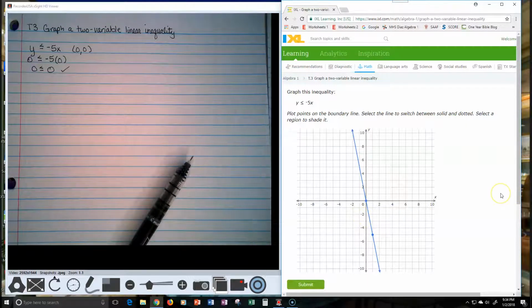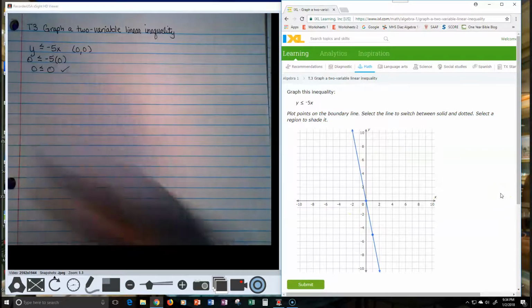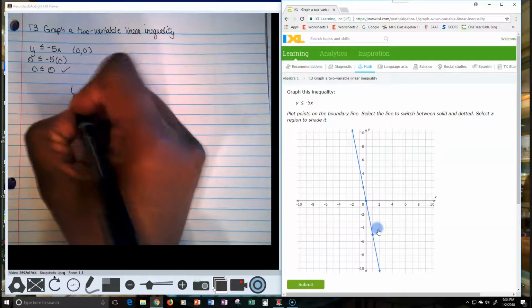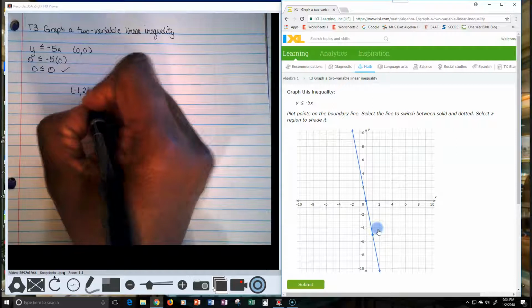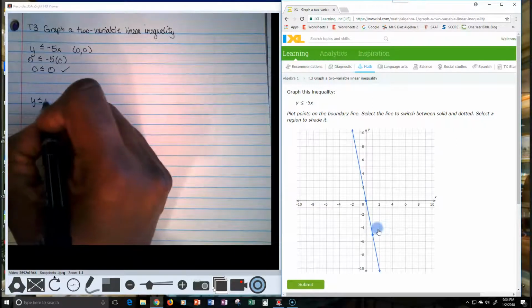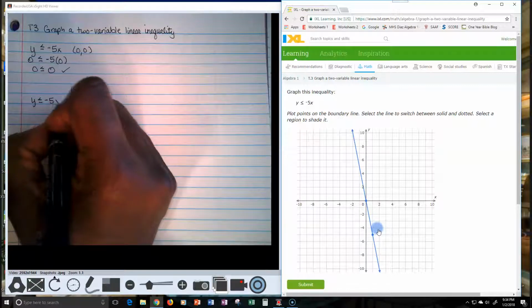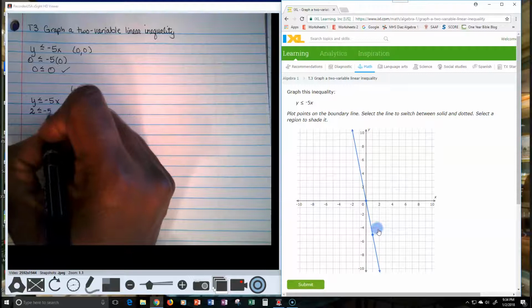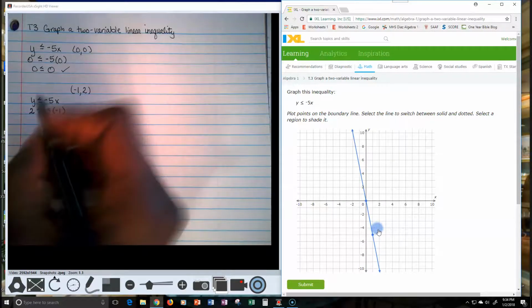Okay, so let's pick another point then. Let's choose the point -1, 2. So then I have y is less than or equal to -5x. So I'm going to put a 2 in for y, and -5 times -1.